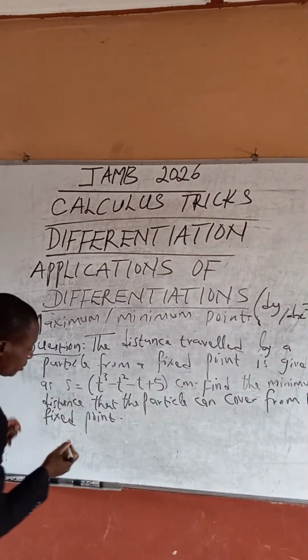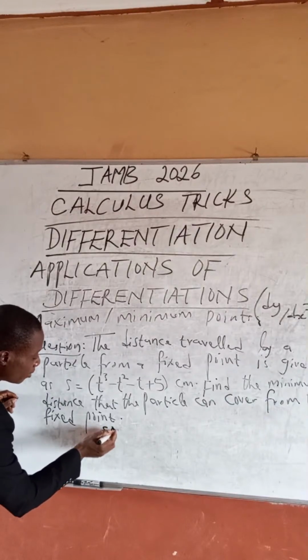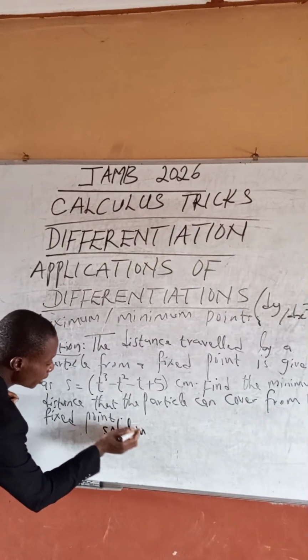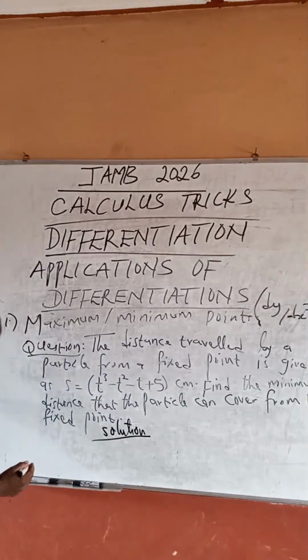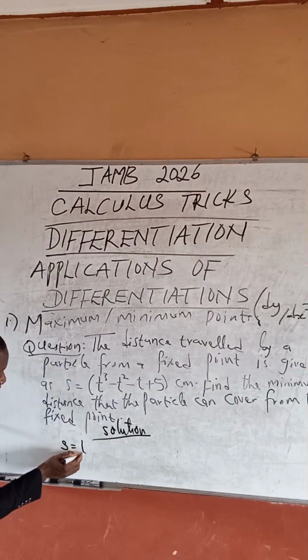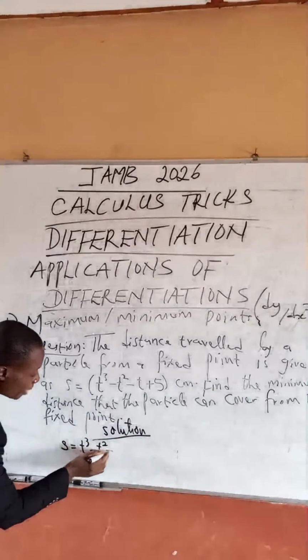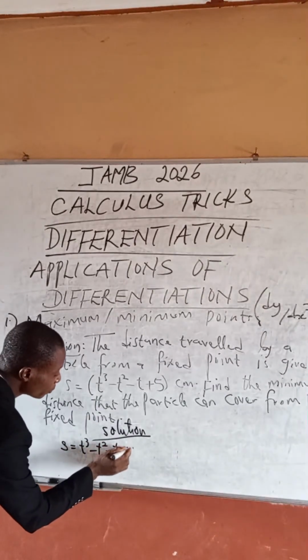Now, this is how to do it. Solution. We are already given that s is equal to t raised to 3 minus t square minus t plus 5.